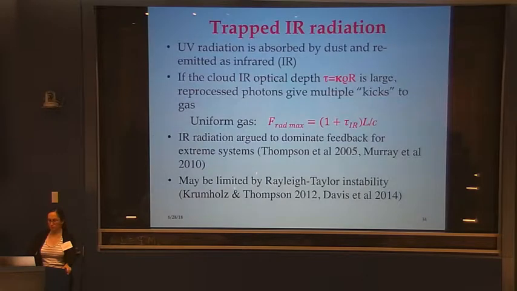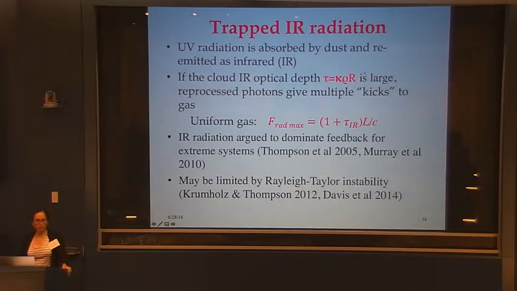So another form of radiation that I haven't talked about yet that can affect the evolution is trapped infrared radiation. For trapped infrared, since these clouds are in NGC 253, these are very opaque to even the infrared. So there's the total optical depth in the infrared, that's how many times infrared photons are reabsorbed.